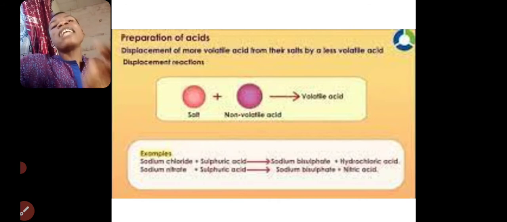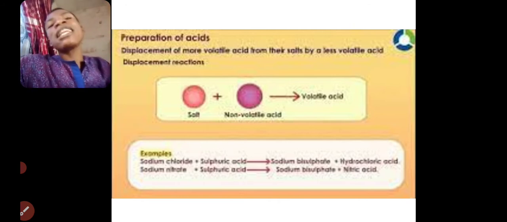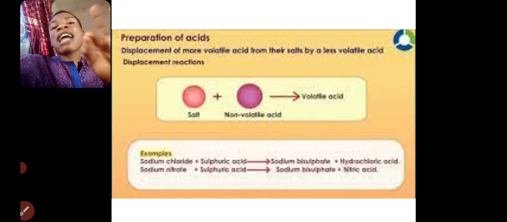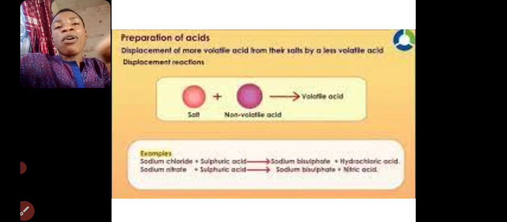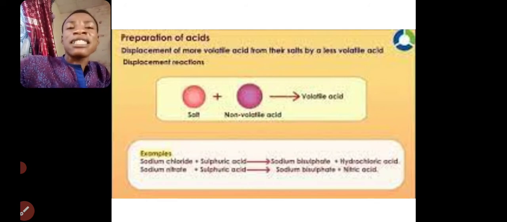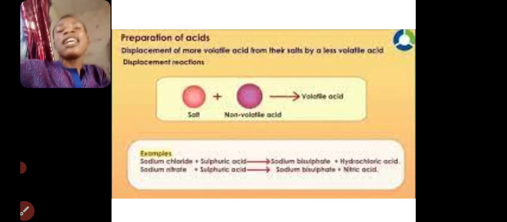The higher the volatility, the lower the boiling point. When you say that a liquid is volatile, it means it can easily escape from a surface, and that means the liquid has a low boiling point. So if I say a less volatile acid, I'm talking about an acid with higher boiling point.